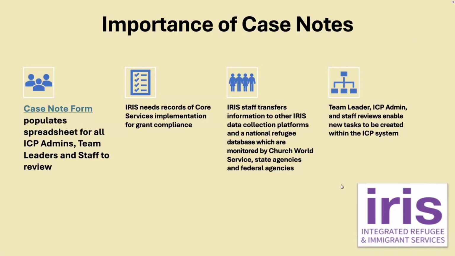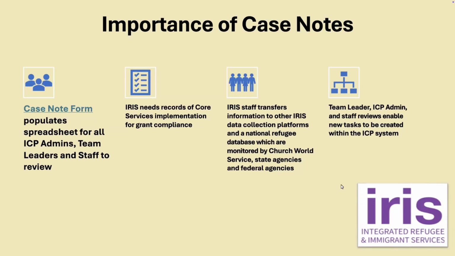As you've all heard, of course, most federal funding was removed, but there are smaller grants in place or state grants or even grants that have come from private organizations that need to have data to back up that Iris is complying with the requirements of the grants. And that is where we pull a lot of the data for the core services implemented by volunteers.